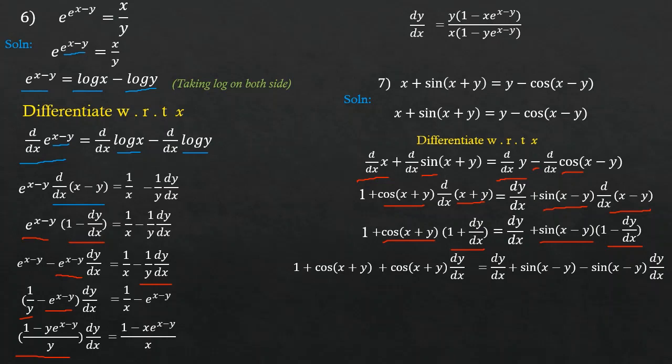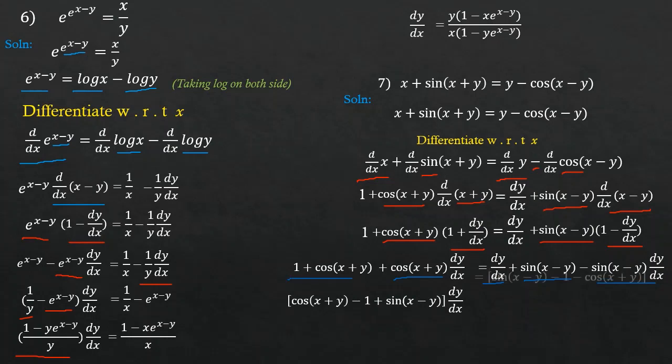Shift the terms, collect all dy by dx terms together and collect all the terms not having dy by dx together. Now if you check, we have the term cos x plus y having dy by dx, on the right dy by dx is there, and this term having dy by dx. We shifted all these to the left, so it becomes cos x plus y minus 1 plus sin x minus y multiplied by dy by dx, and the term not having dy by dx is sin x minus y.